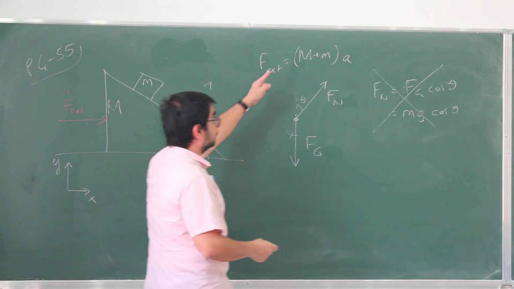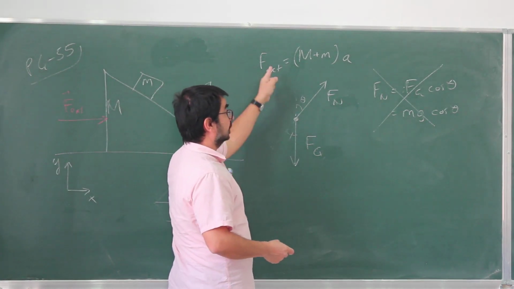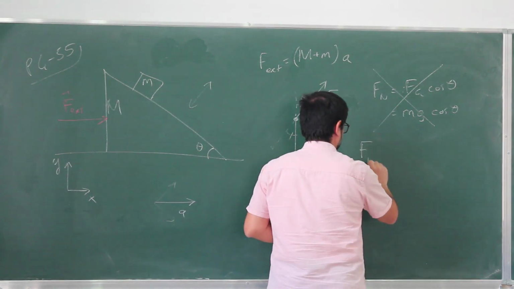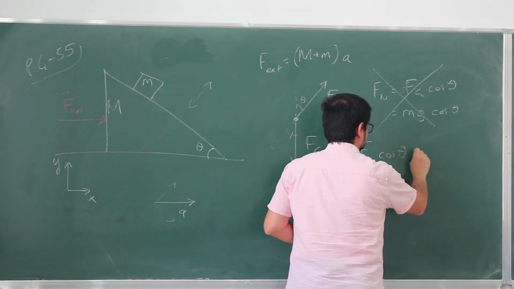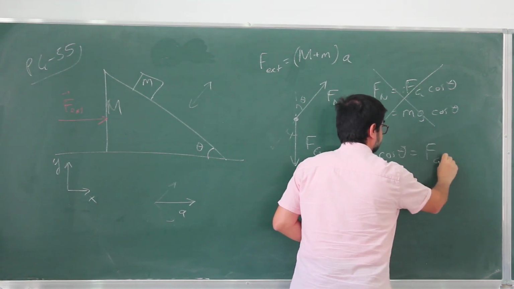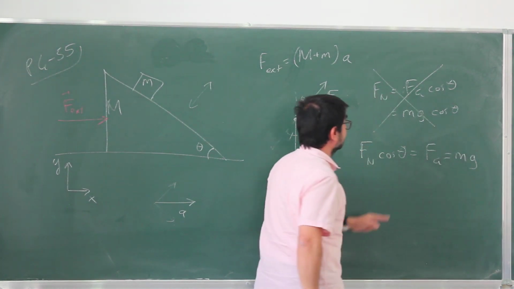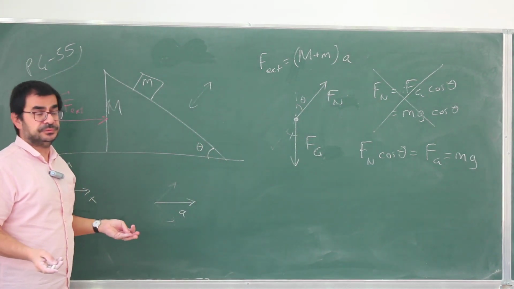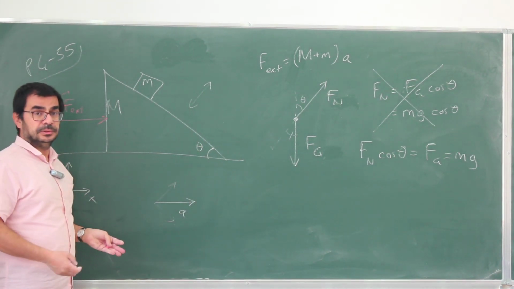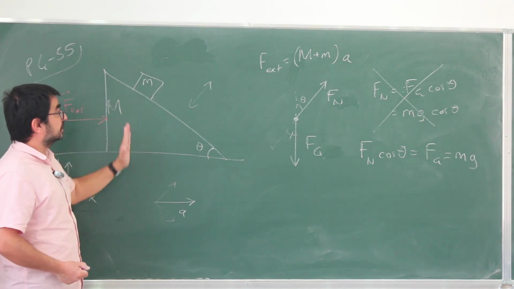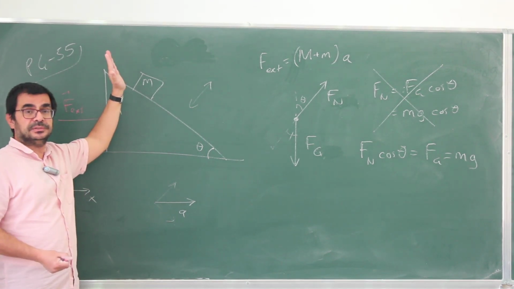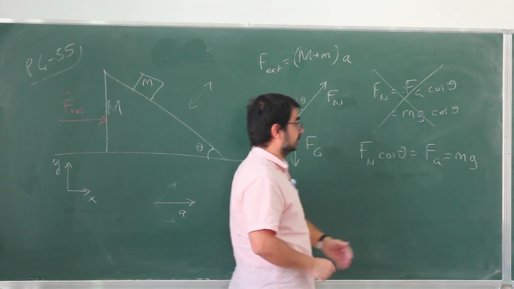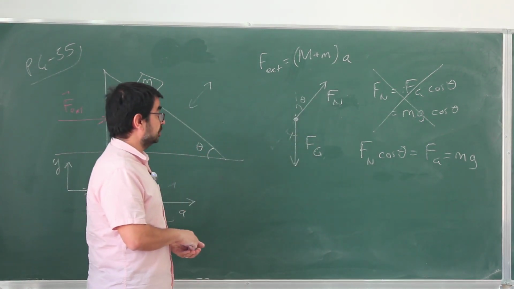So the net force along this direction must be equal to 0, and that means Fn times cosine theta must be equal to Fg, which is of course mg. Why? Because of physics. This is Newton's second law. The net force in this direction must cancel because the acceleration in that direction is 0. And this is the cancellation condition. Fn cosine theta must be equal to mg.